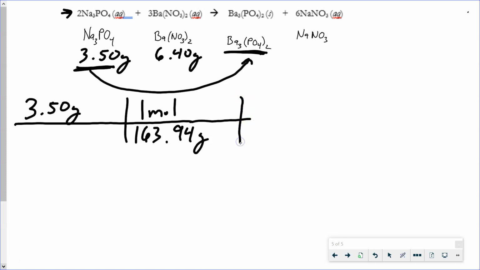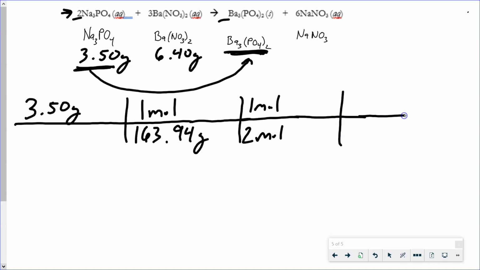Okay, so now we're going to go to our next step, and we're going to use the mole ratio to get to the barium phosphate up here. So I know from my balanced equation up here that 2 moles of the sodium phosphate will yield 1 mole of the barium phosphate. And then we'll finish this off going from moles to grams. So 1 mole of the barium phosphate has a molar mass of 601.92.